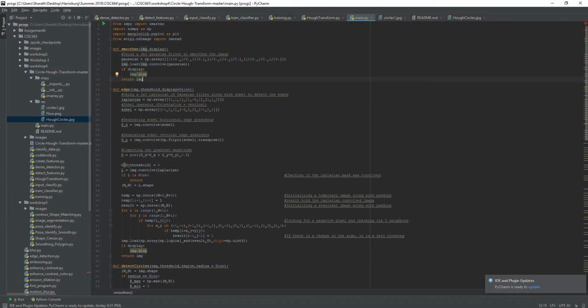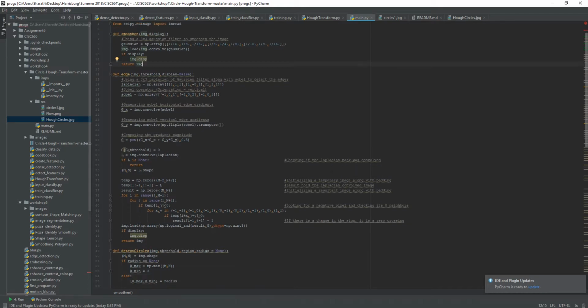Similarly, the circle Hough transformation, as I said, is implemented by voting in the Hough parameter space. The image is smoothed using a Gaussian filter to eliminate any unwanted noise, and the edges are detected in the image using Laplacian of Gaussian. This provides a basic outline of the image, and at each point, the voting for all the possible circles is performed in the Hough space. That's what is done here.